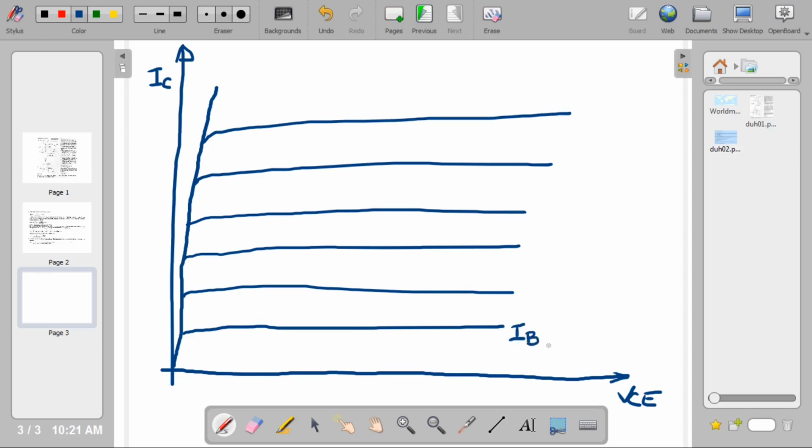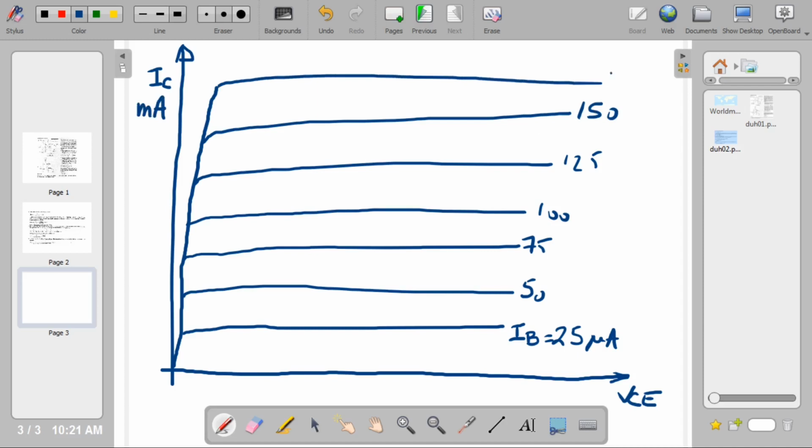So here you have, let's say, 25 microamp, this is 50, this is 75, 100, 125, 150. The scale is milliamp. Oh, I forgot this one at the top. So 175.